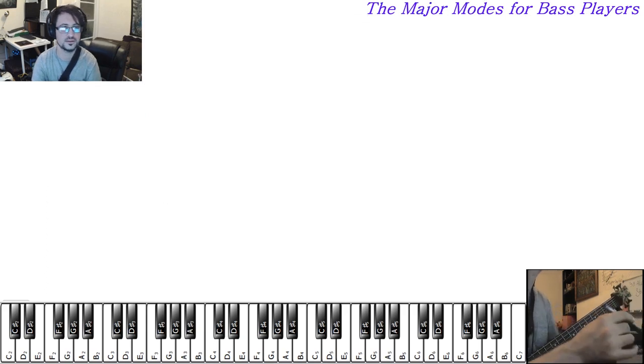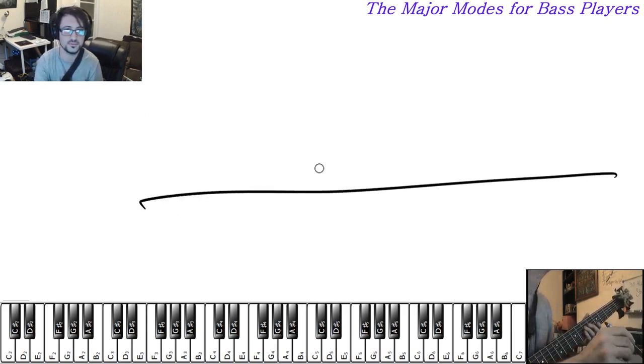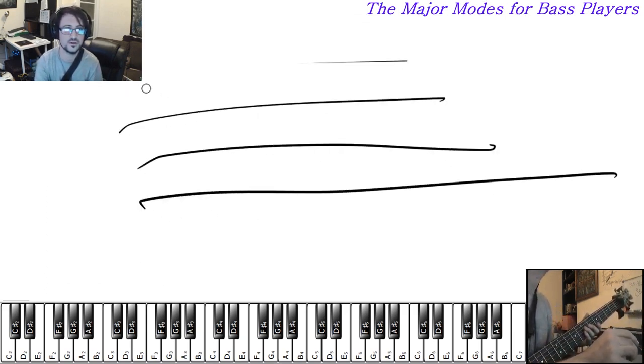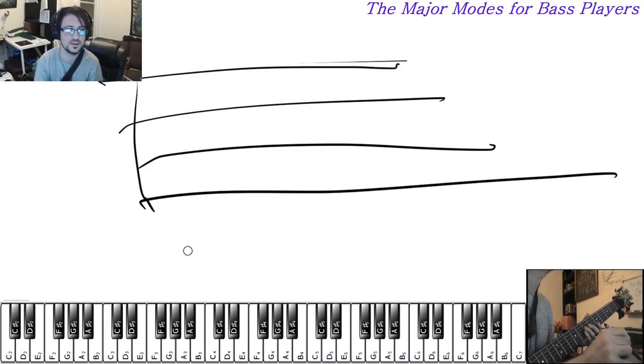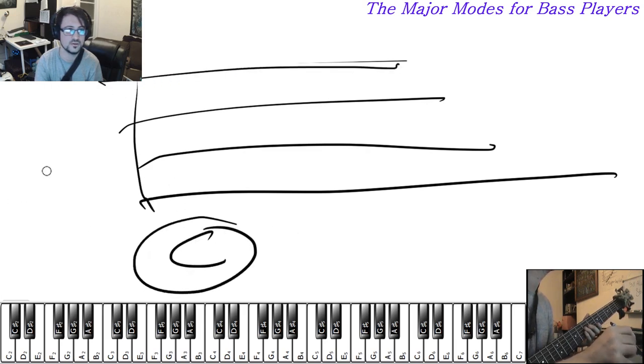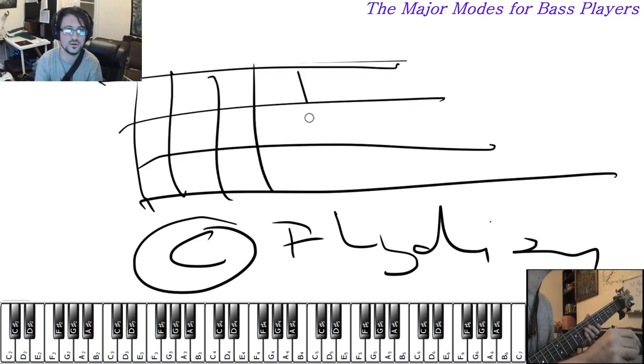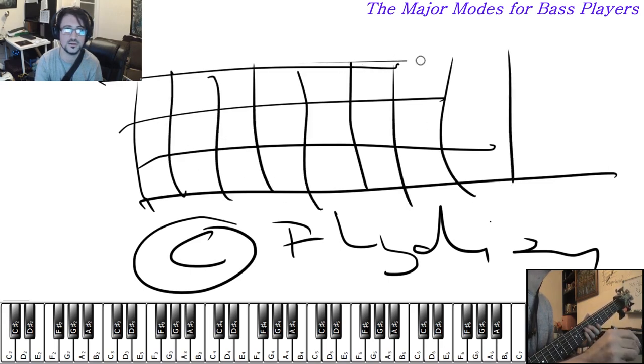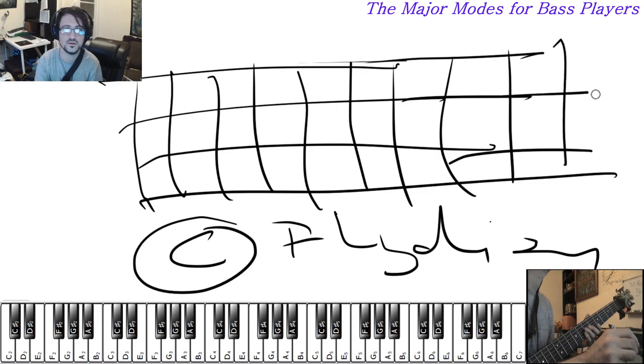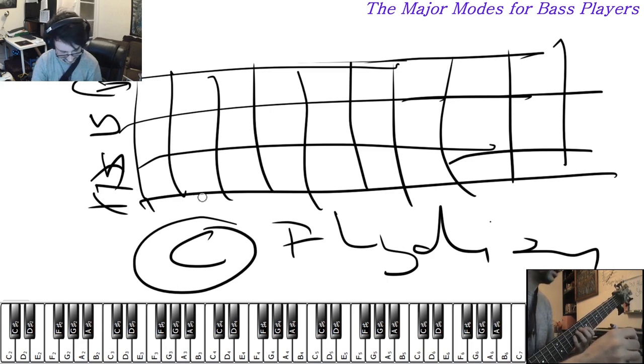And then the pattern on the bass, let's try and get these a bit more lined up now. If we're in the key of C major, we use F Lydian. And it would look like this. So this is G, D, A and E. Kind of rushing through this, but I will come back to it.